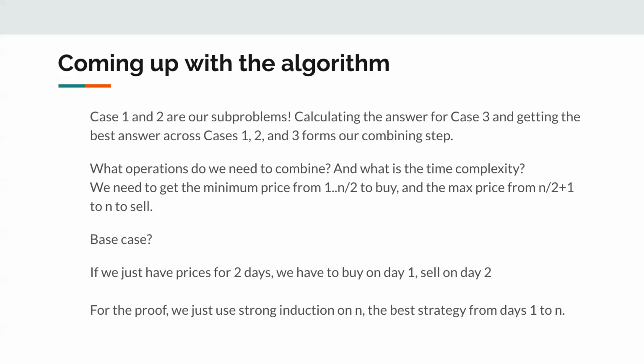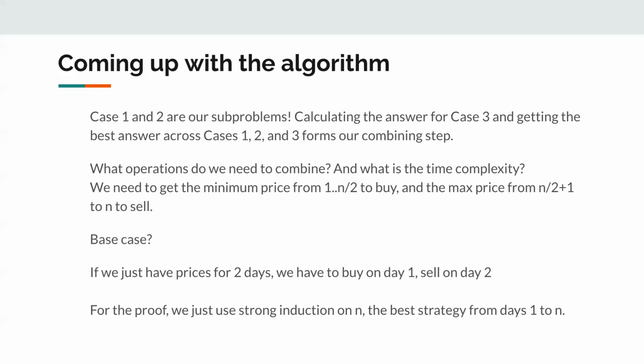And then for the proof, as we went over before, we'll just use strong induction on n. What you should induct on is, let k be some subset of k days from the n prices.